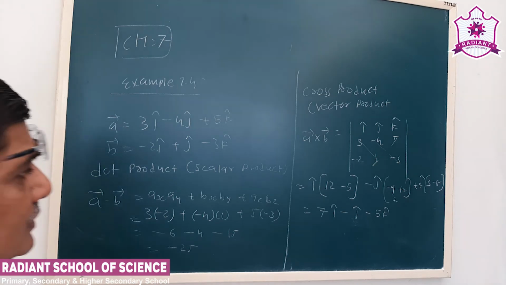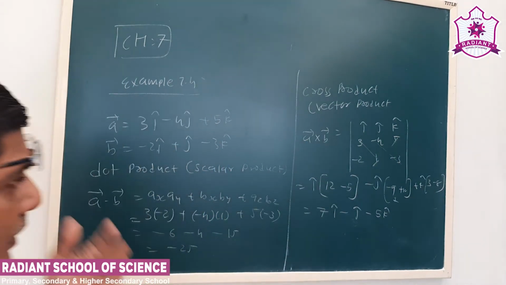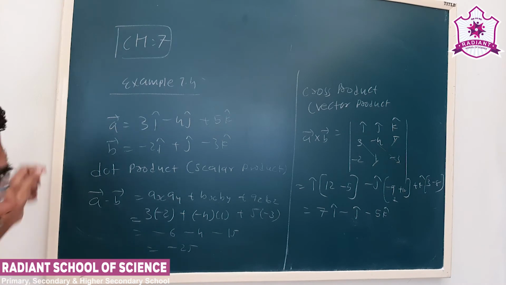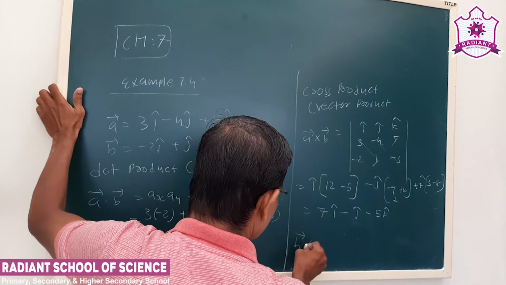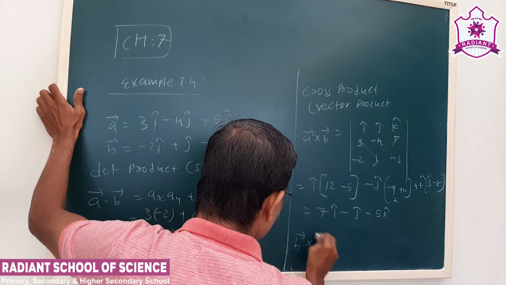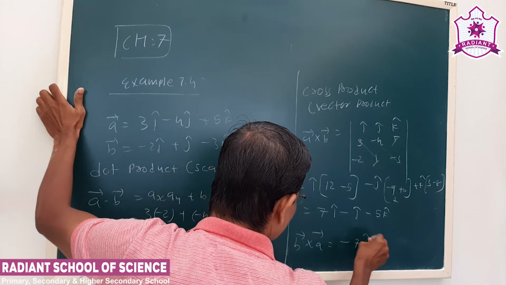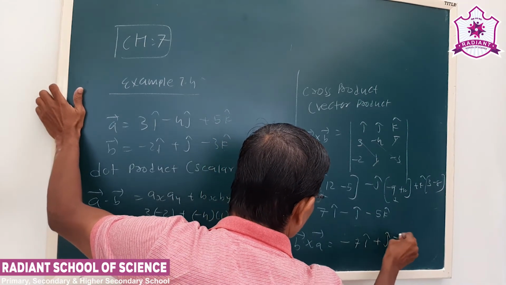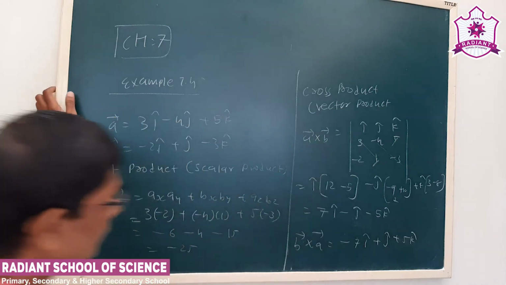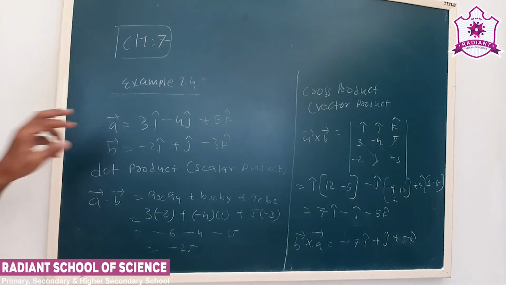This is A cross B. Now suppose we have to find out B cross A. Now A cross B is minus of B cross A, so it will be minus 7I plus J plus 5K. So this is how we can find out the scalar product and vector product. That is nothing but our example number 7.4.